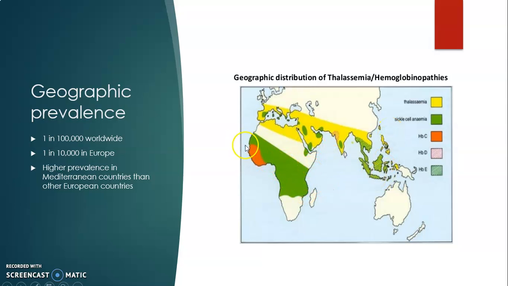Sickle cell is mostly in Africa, which makes a lot of sense because it allows for resistance to malaria, whereas thalassemia is a little bit higher up. There's not as much malaria, and it doesn't really have any effect on malaria, so that's why it's mostly in that area instead. It's pretty prevalent in Mediterranean populations, up to 1 in 10,000 in Europe alone, but even higher in Mediterranean countries.